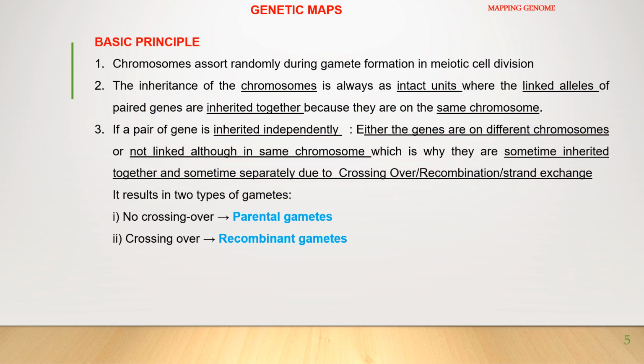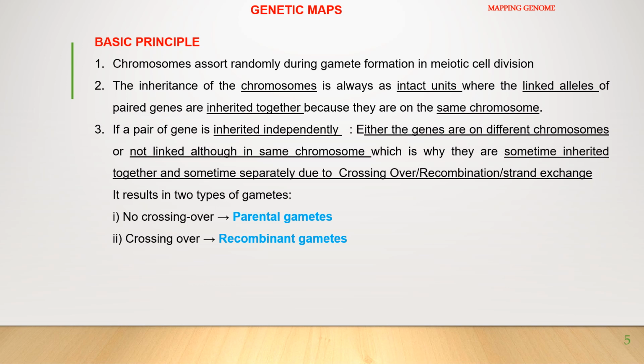The basic principle of genetic mapping is that genes are located on chromosomes. Genes which are close to each other tend to move together during gamete formation. That is, these genes are linked. If genes segregate independently, it can be interpreted that the two genes are far apart on the chromosome or on different chromosomes.